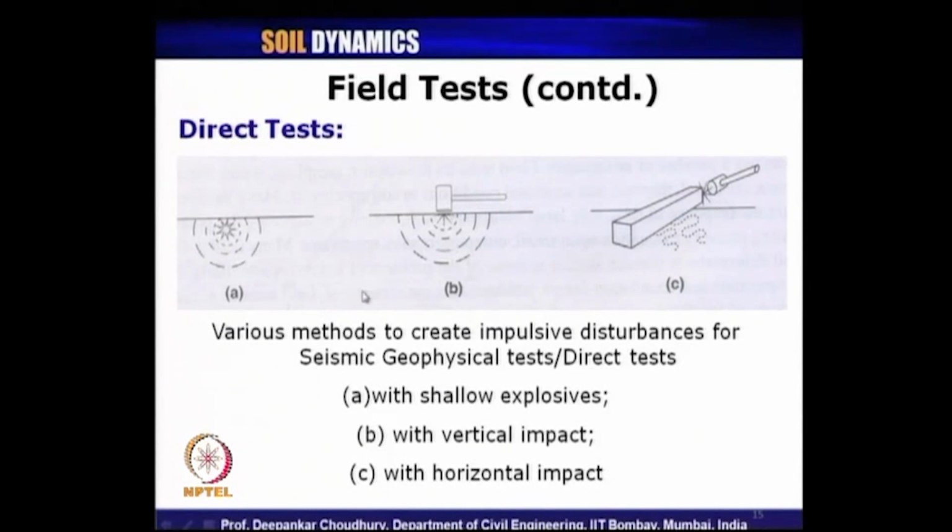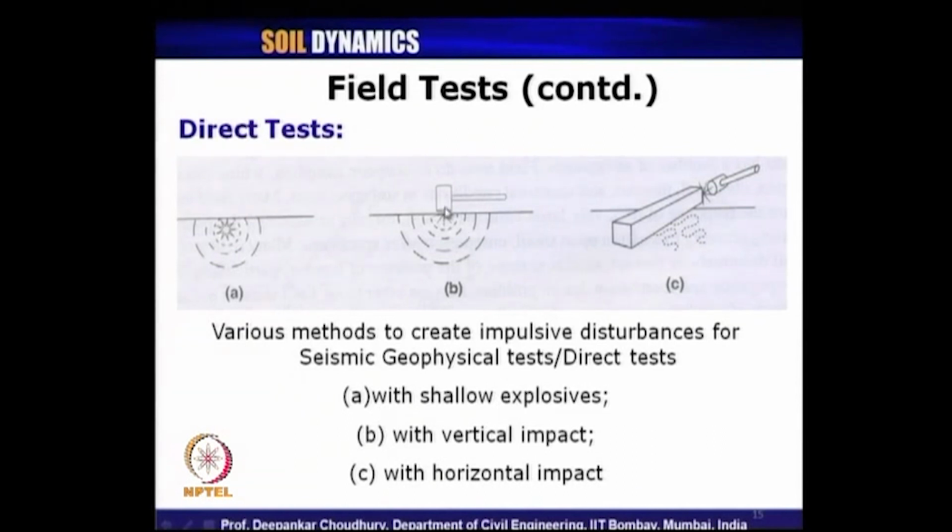These are shown in the picture here. The first one is by using shallow explosives. If we use some explosive at a very shallow depth below ground, then the waves can get generated and then we can record them using different direct test methods for the determination of dynamic soil properties.